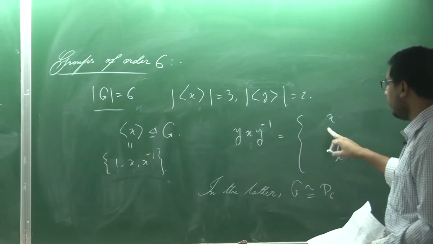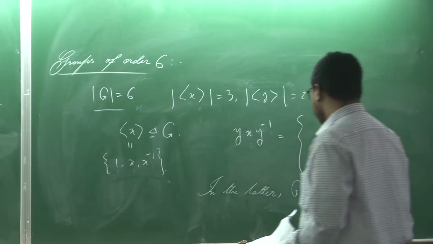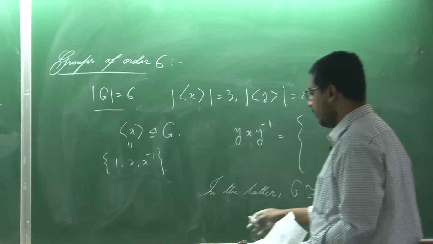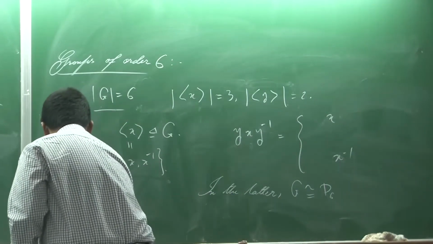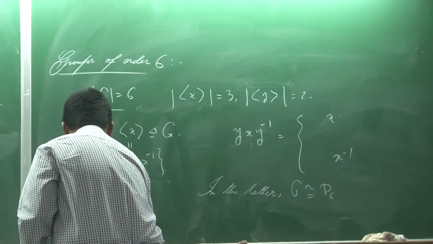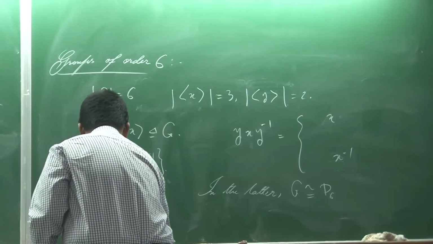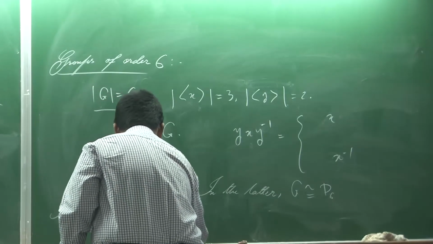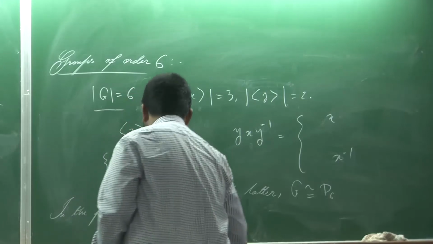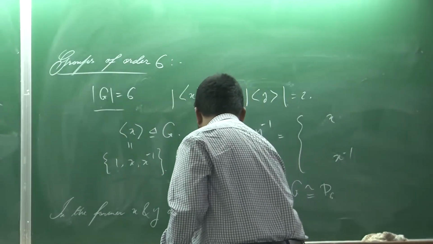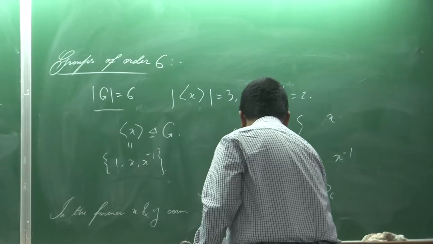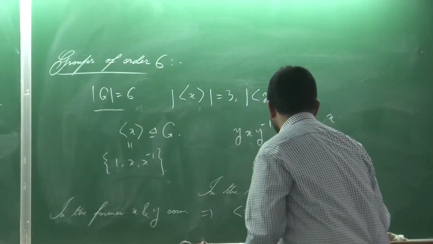This means x and y commute. So, in the former case x and y commute, and in this case it is easy to see that this map is going to be an isomorphism.